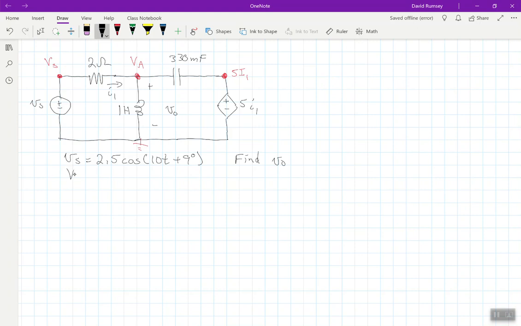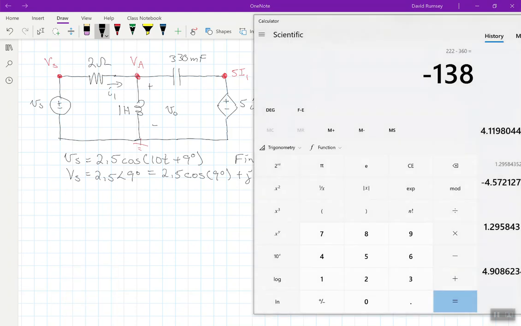So the voltage would, of course, become 2.5 at an angle of 9 degrees. And I'm going to go ahead and again put this in rectangular format. So 2.5 cosine of 9 degrees plus j 2.5 sine of 9 degrees. So let's go ahead and do those computations.